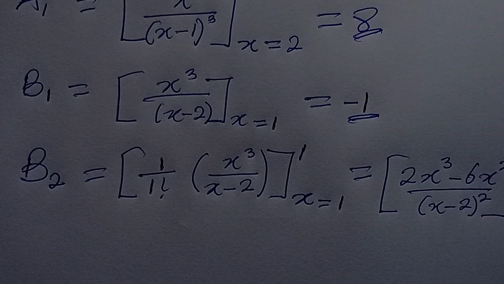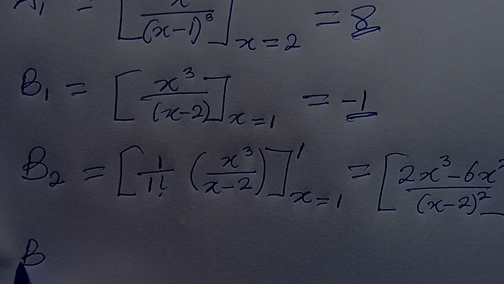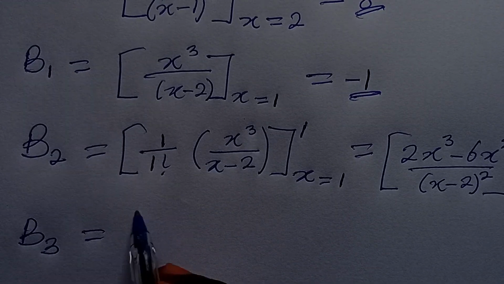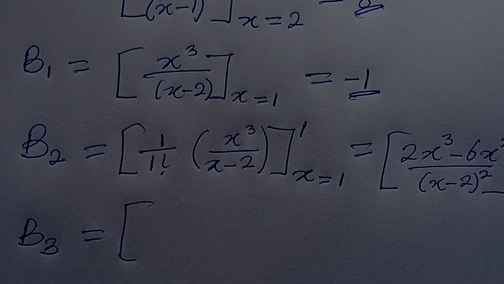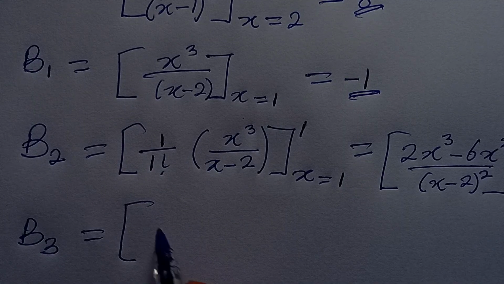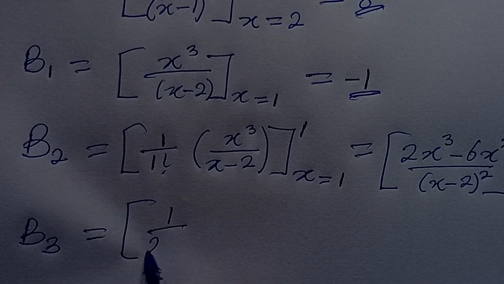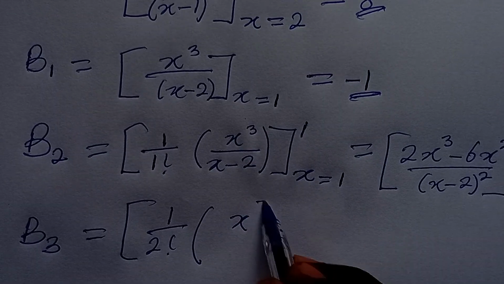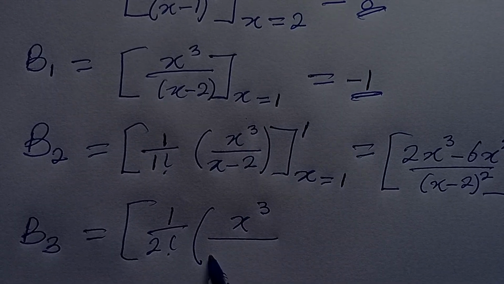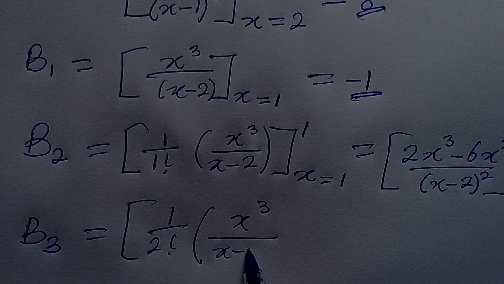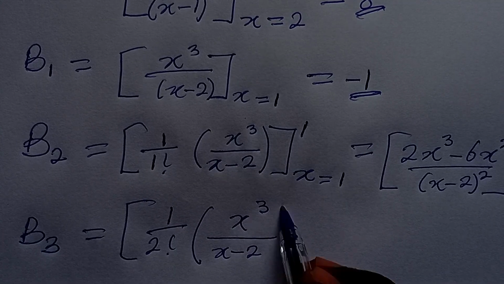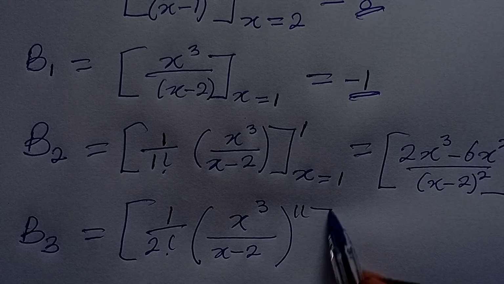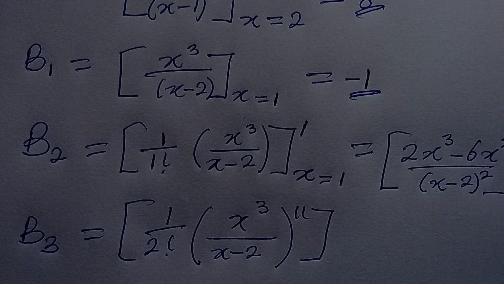Then let's go for our b3. So b3, we do the same thing here. So b3 is going to give us our square bracket here. So you're going to have 1 all over 2 factorial, the bracket of x to the power of 3, everything all over x minus 2, all prime prime, then close our bracket here.